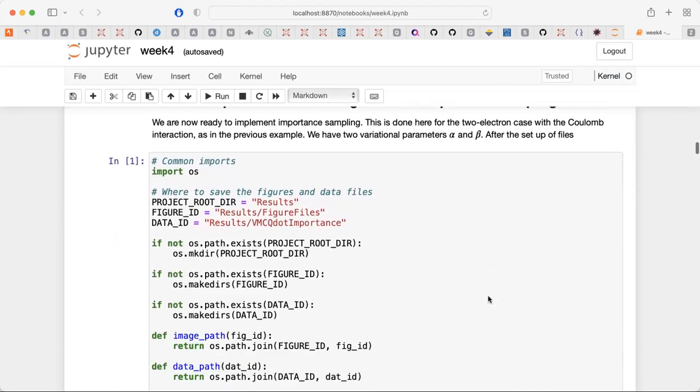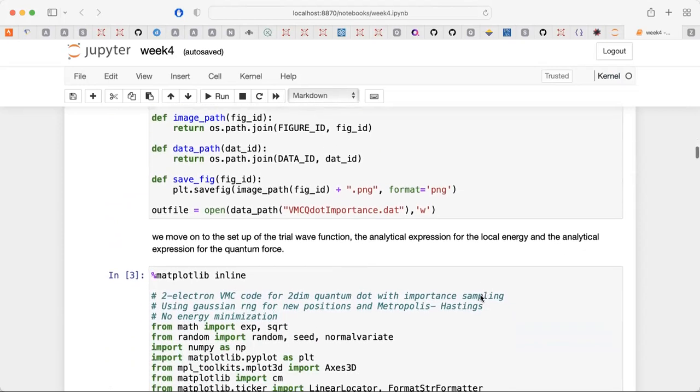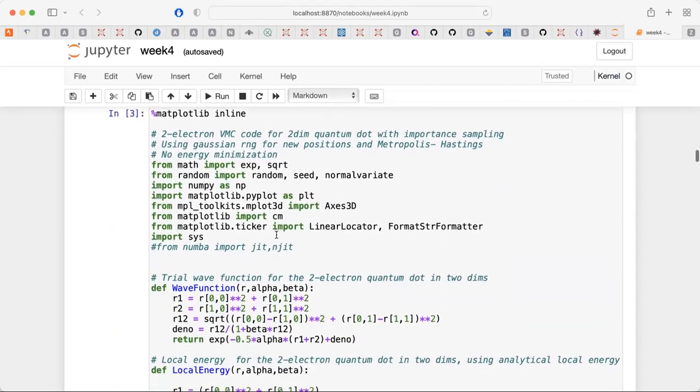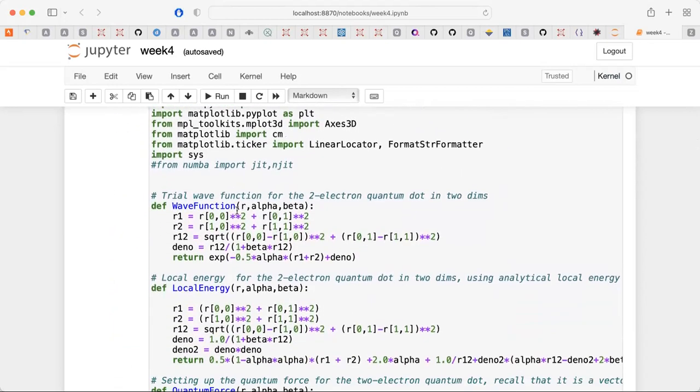Now, the beginning of the code is just me preparing for writing out the data to file. The first thing I have now is the trial wave function, which now contains a correlated part. If you go back to the exercise we had the first week, where you were supposed to write out the analytical expression for the local energy, this is a case where I now have two variational parameters.